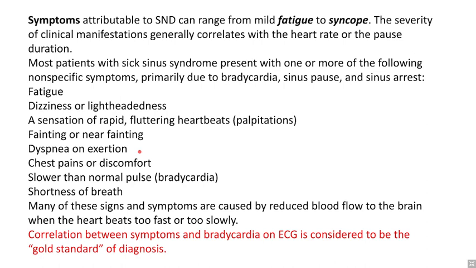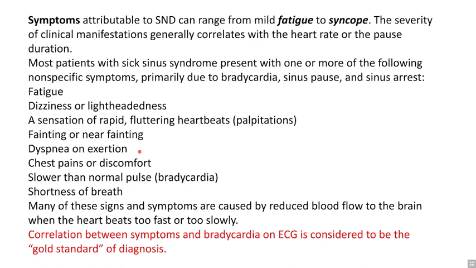Many of these signs and symptoms are caused by reduced blood flow to the brain when the heart beats too fast or too slow. And correlation between symptoms and bradycardia on ECG is considered to be the gold standard of diagnosis. This is very important, correlation, because a lot of symptoms are not specific. Fatigue may be in a healthy patient.